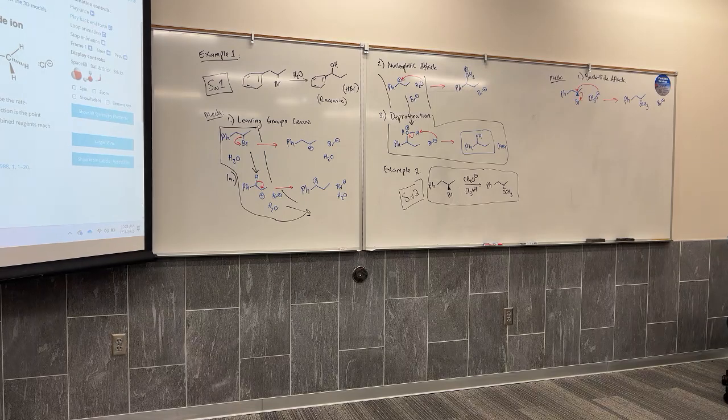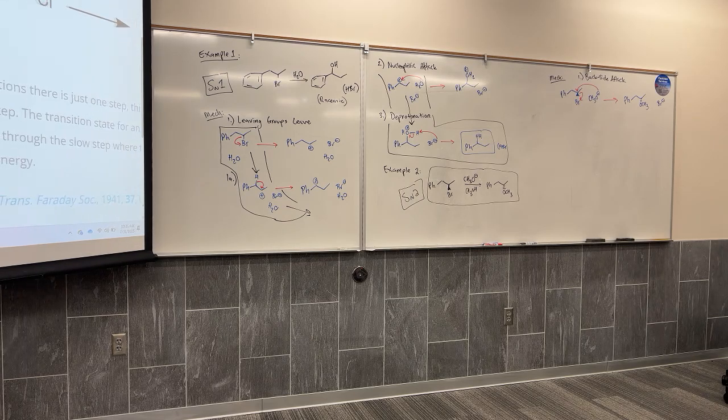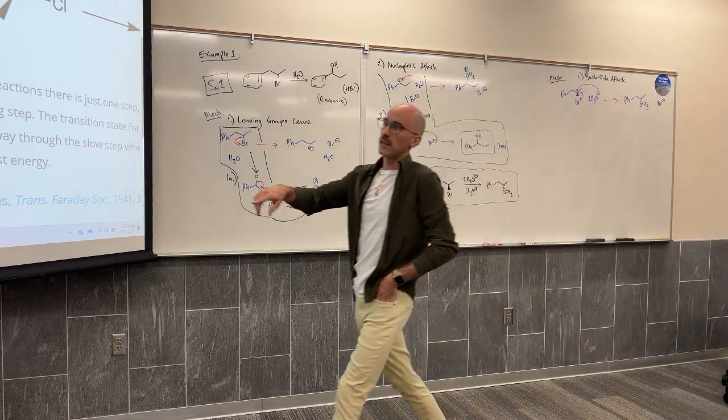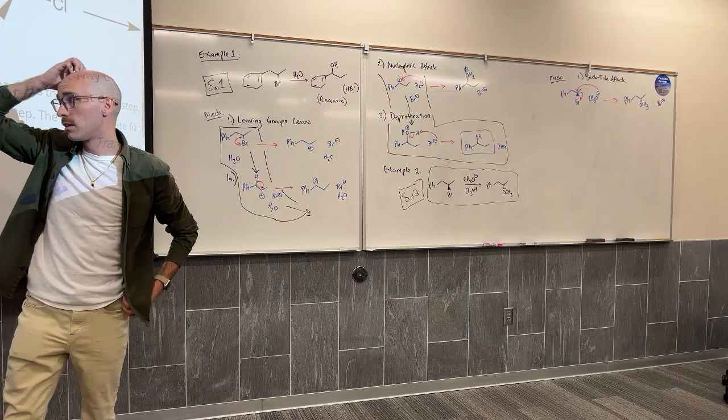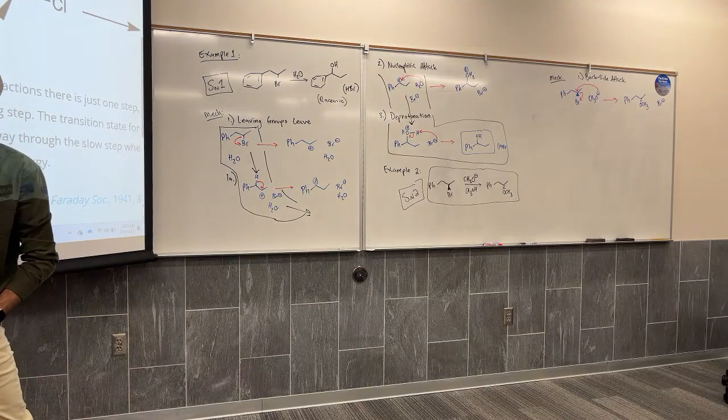So now I want to give you this orientation that looks similar to what we see on the board right now. It's not super easy to see it, but these 2 hydrogens on the left, these are in plane, like the plane of the board. This is your leaving group. It's coming towards you.